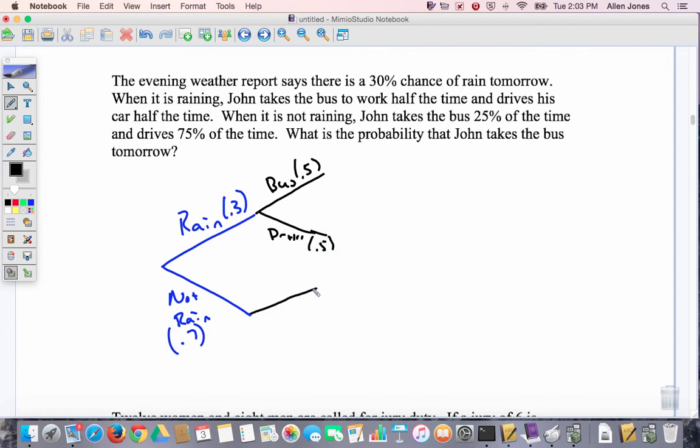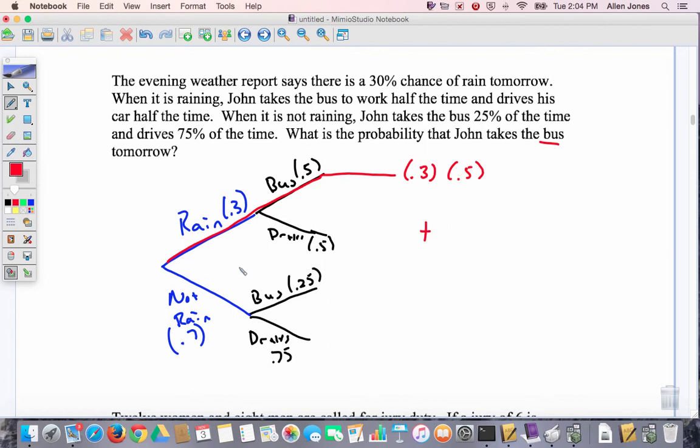So bus, he takes 50% of the time, which means he drives the other 50% of the time. If it's not raining, John takes the bus 25% of the time, and he drives then 75% of the time.